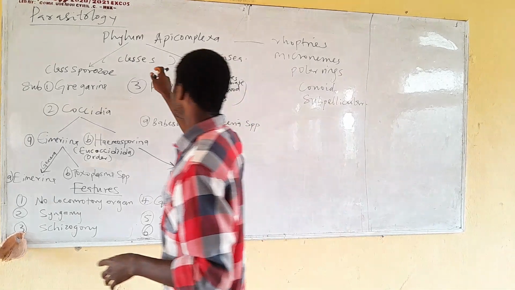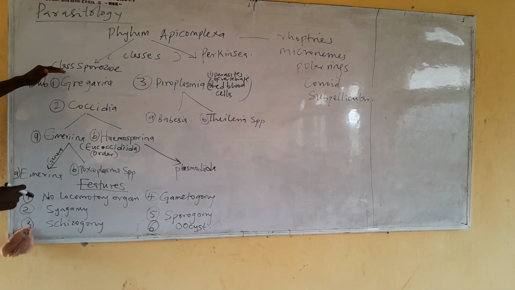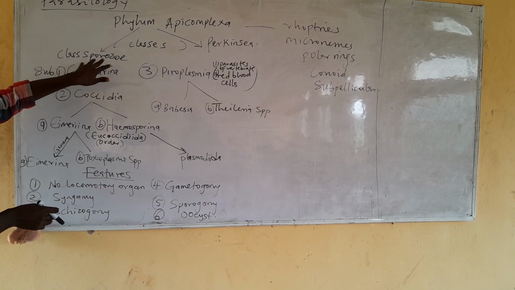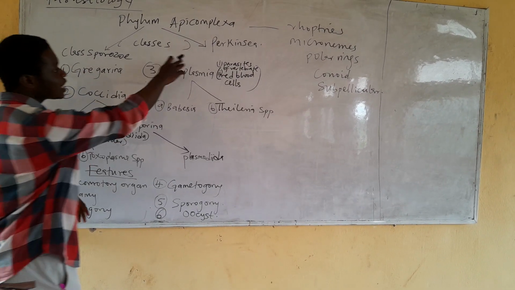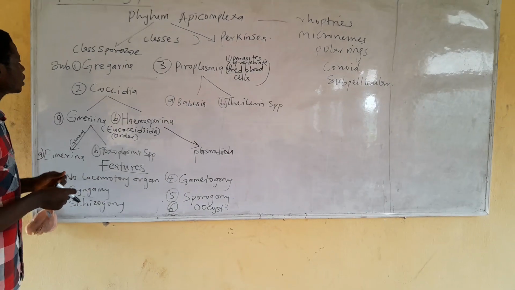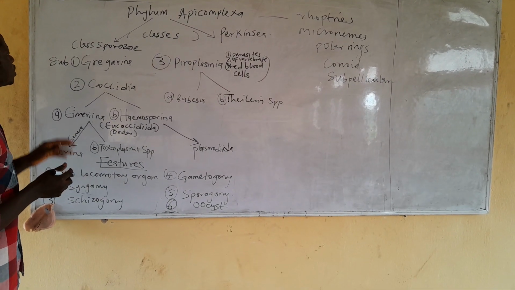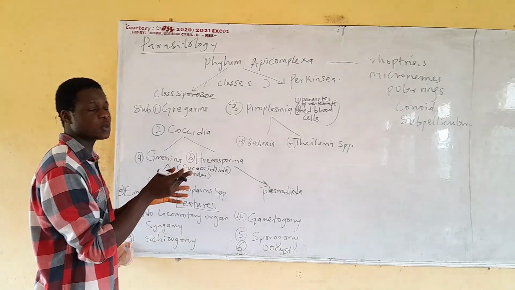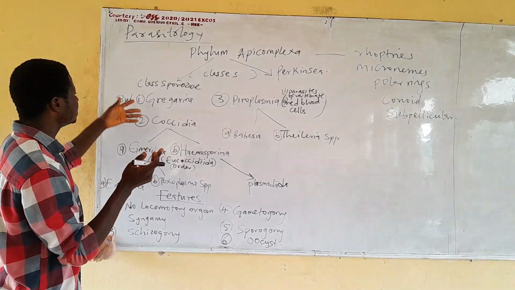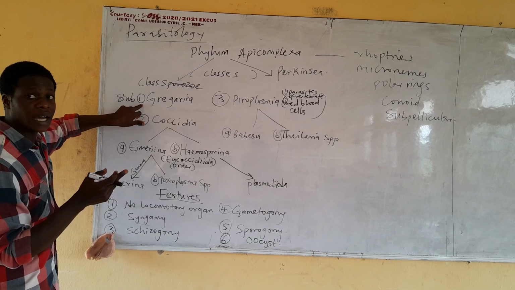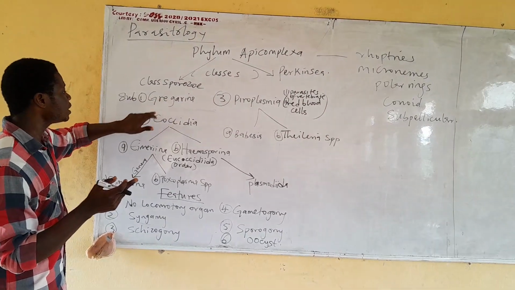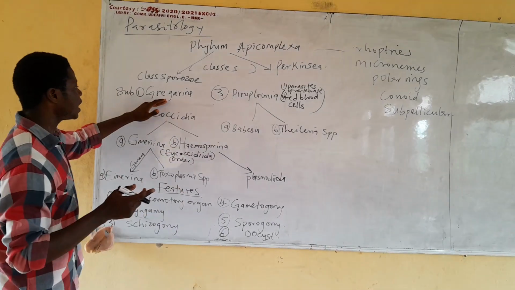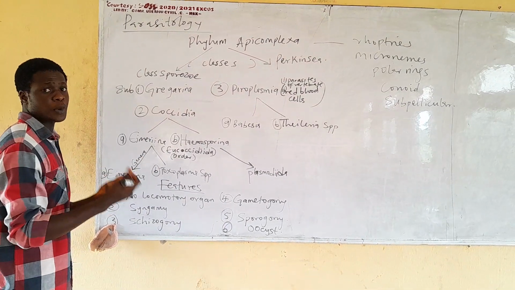Then these Apicomplexia are further classified into two classes, the class Sporozoea and the class Perkinsea. Coming to the class Sporozoea, we have three subclasses: the Gregarinia, the Coccidia, and the Piroplasmia. This Gregarina is of economic importance.